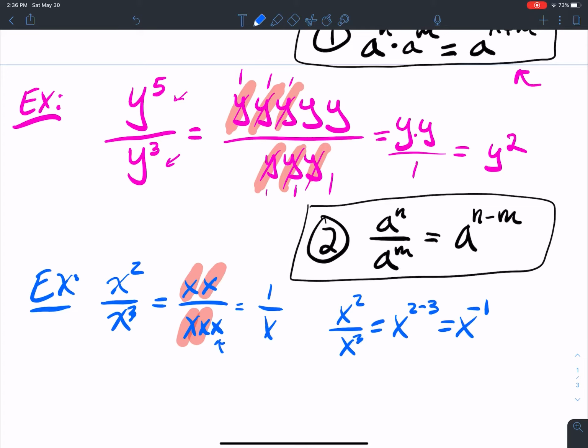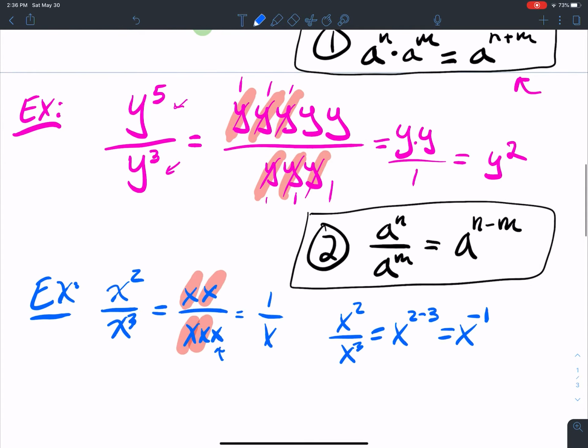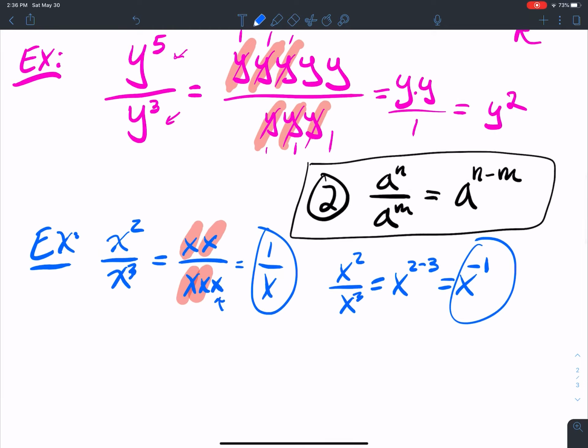Uh-oh. So, we do not want to have a negative here in the exponent, right? We're trying to avoid negatives. Okay, so if we're going to avoid negatives, that means we got to figure out, what is this equivalent to? Well, what do I know that this equals right here? This is the same thing as 1 over x. So I think I just came up with a new rule. Okay, so another rule here, rule number 3. If I have x to the negative n, this is 1 over x to the n.